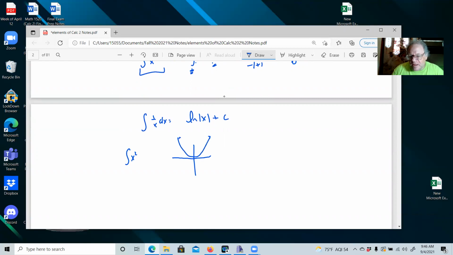Anything I integrate, or x cubed, I can put any number I wanted here, put it into here, and it'll be just fine. If I have 1 over x, right? 1 over x looks something like this. It's 1 over x.